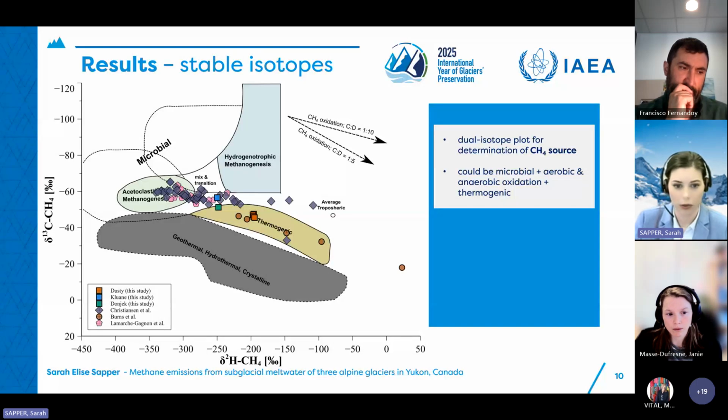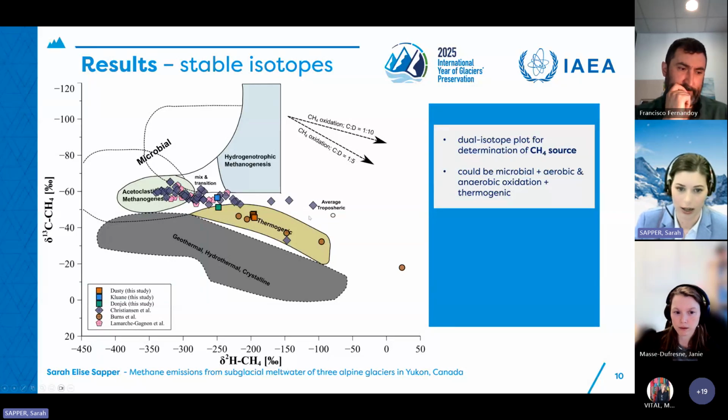So the samples from the Yukon here in blue, green, and orange, they plot quite differently than the purple and pink ones from the Greenland ice sheets, but somewhat still in the range of microbial methanogenesis, whereas the orange ones from the glacier located furthest south in our study plot clearly within the thermogenic area.